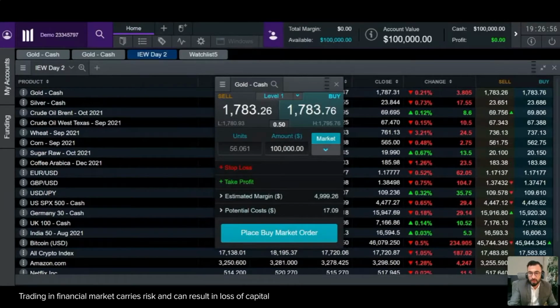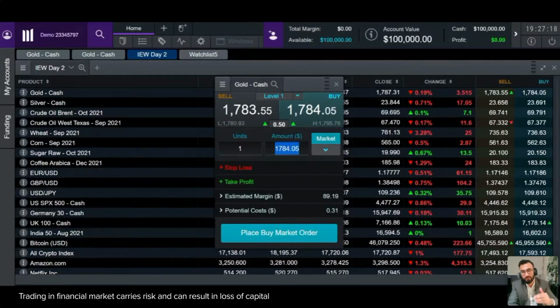So first, I want you to understand. Yesterday, I told you gold is priced in dollars per ounce. 1 ounce of gold is $1,783 right now. The left side of the order ticket says units. The right side says amount, which means if you write 1 unit, which is 1 ounce, and press enter, you will be able to see the correct buying price of the gold, which fluctuates with the current market.